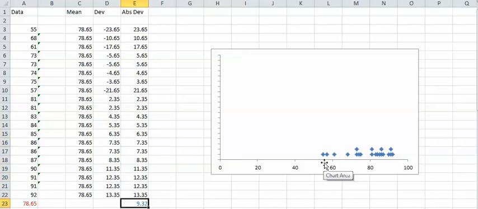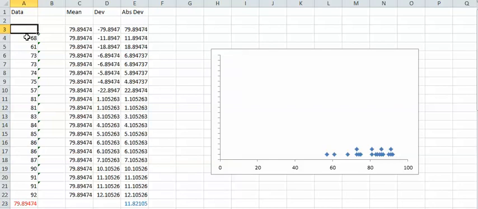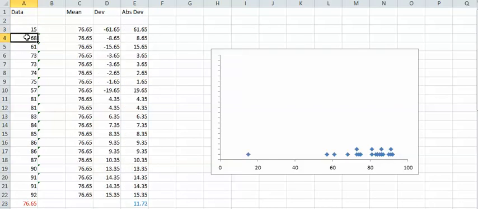If I take a value and I move it really far away from the mean, that's going to have a big effect on the MAD. For example, if I take this 55 and move it down to 15, this value is now an outlier, and it's 61.65 away from the mean.